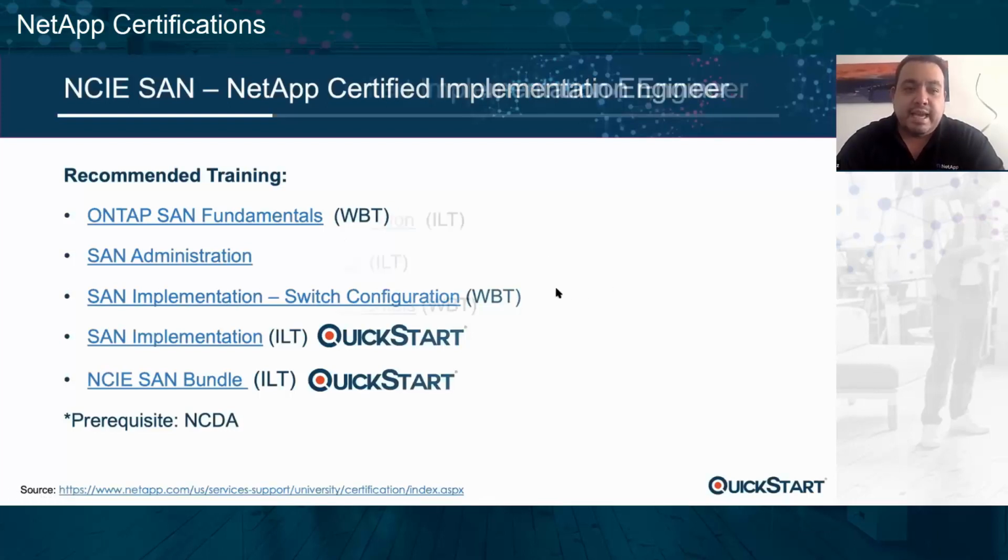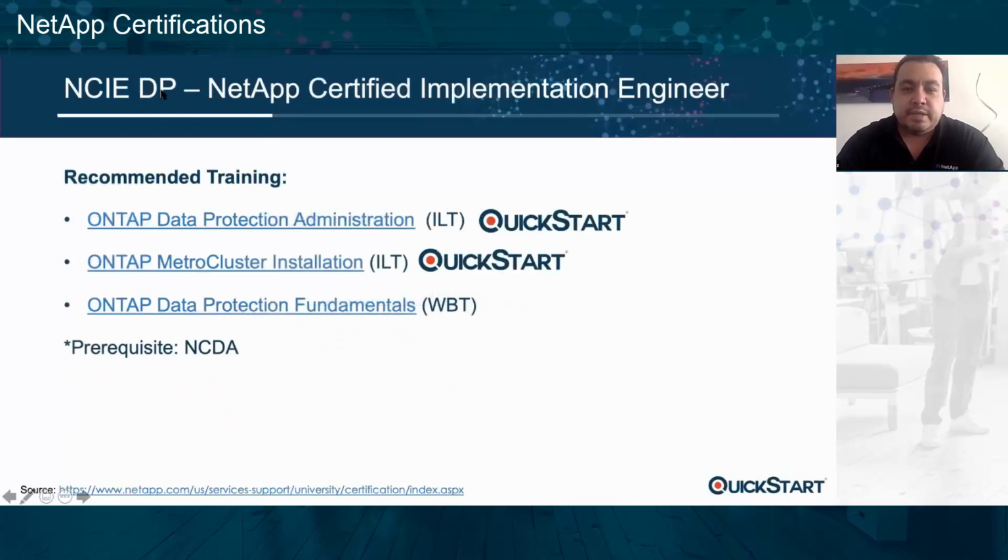Now, the second NCIE is called NCIE Data Protection. We offer the Data Protection Administration, 2 days. The MetroCluster installation, that's a 3-day course. And then we have the data protection fundamentals that is going to be web-based. If you want to get the NCIE data protection cert, you need to pass your NCDA.